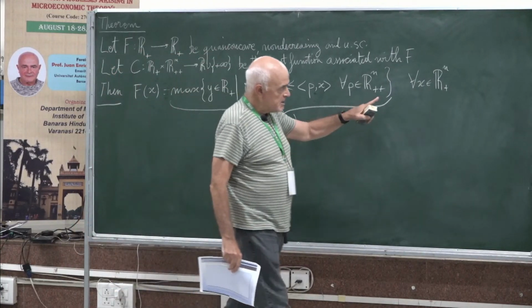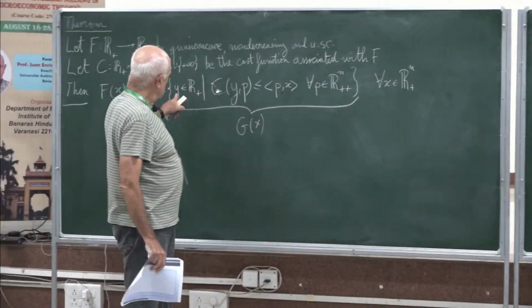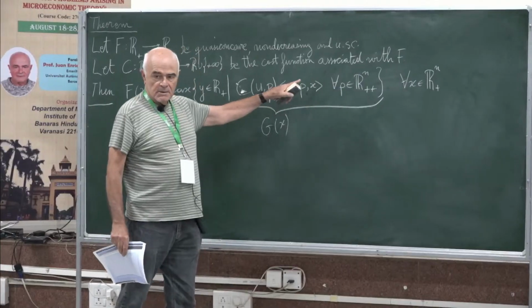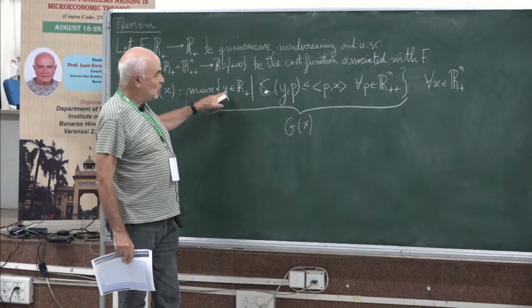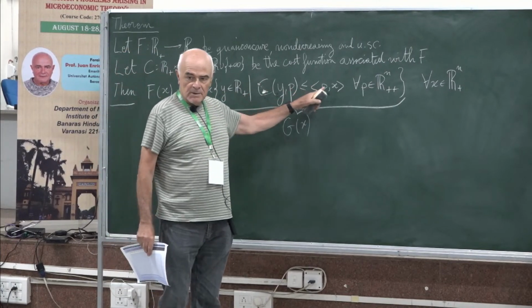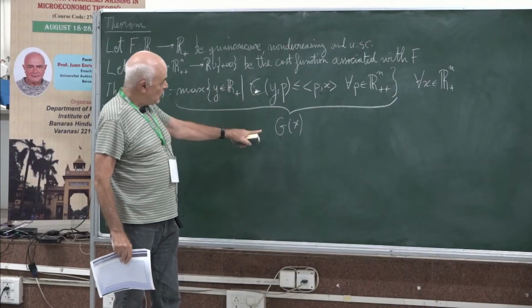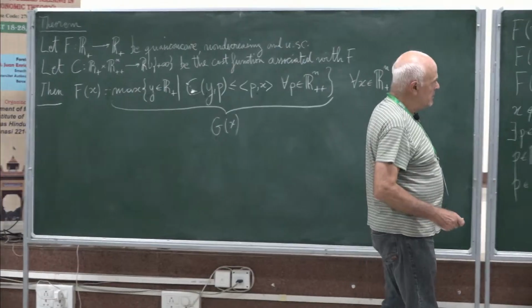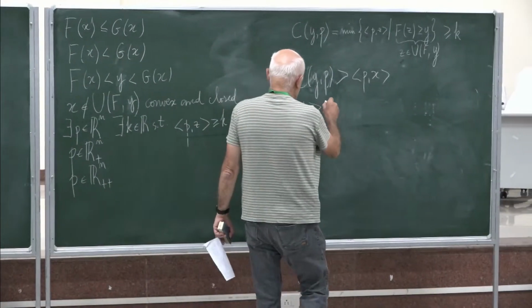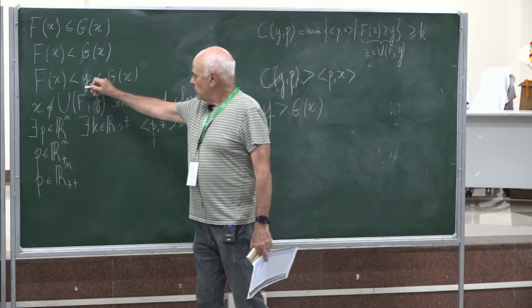So my argument is that this y does not belong to this set. So it is strictly larger than the maximum of the y's in this interval. And the maximum, we didn't call it g f of x, we called it g of x. So the conclusion is that y is greater than g of x, which is a contradiction.